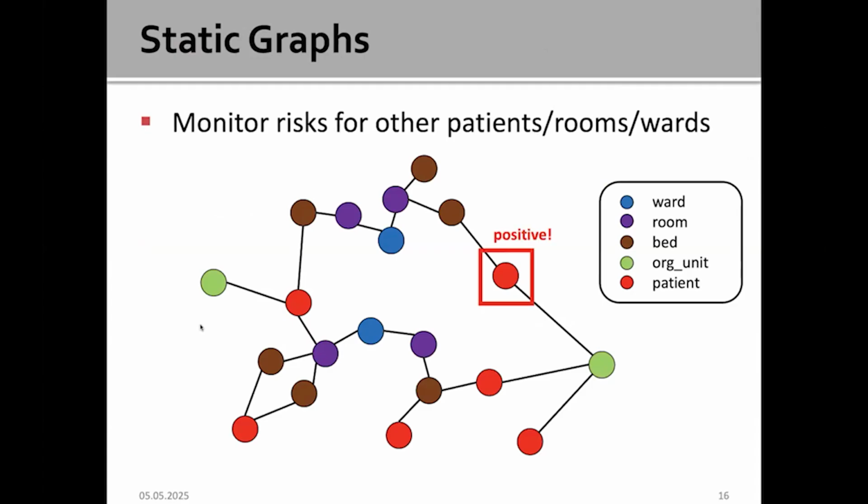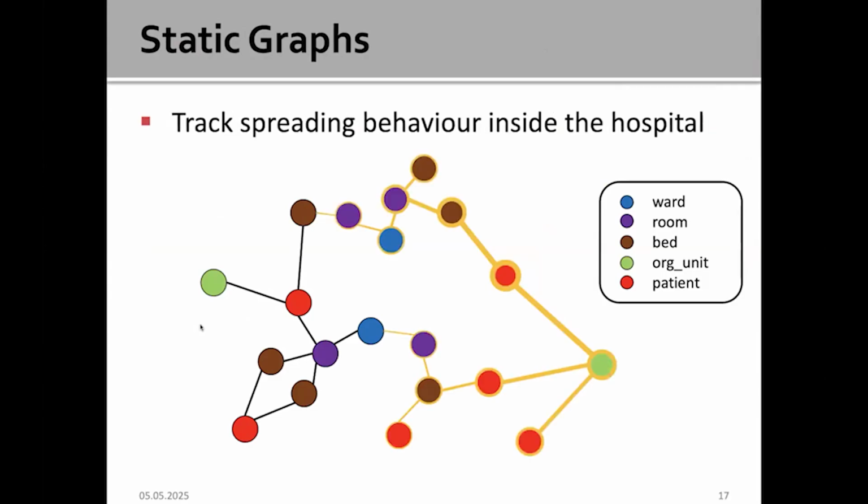And in case of a patient being positive, we can track the risk for patients that have or probably have had a closer connection to that patient. So you can see that these two patients down here have a higher risk of having an infection than this patient, for example. And this becomes obvious from just this little example.